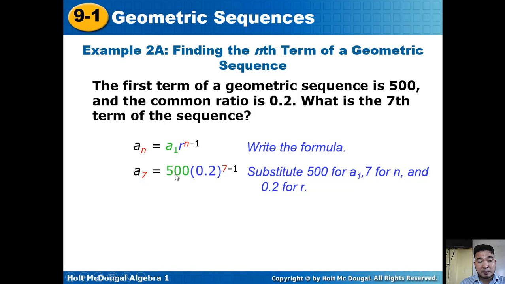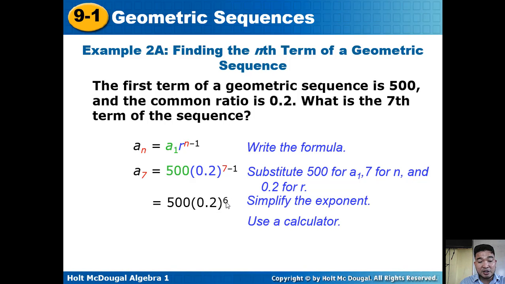Then a sub 1, the first term, is 500, times the common ratio 0.2 raised to 7 minus 1. Simplifying it further, you will have 500 times 0.2 raised to 6, since 7 minus 1 is equal to 6. Then using your calculator, you will have 0.032.